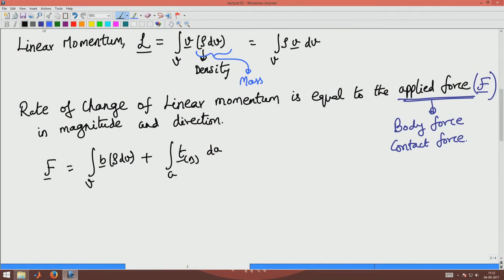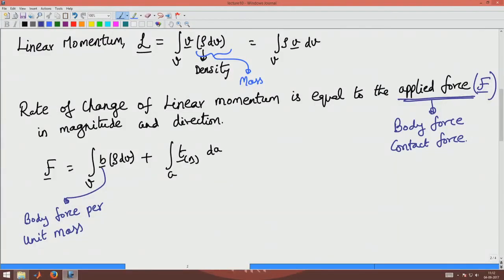where b is the body force per unit mass. Essentially, here we are considering body force as being due to gravitational forces alone. If it were to arise due to electromagnetic forces, then it would be per unit charge.